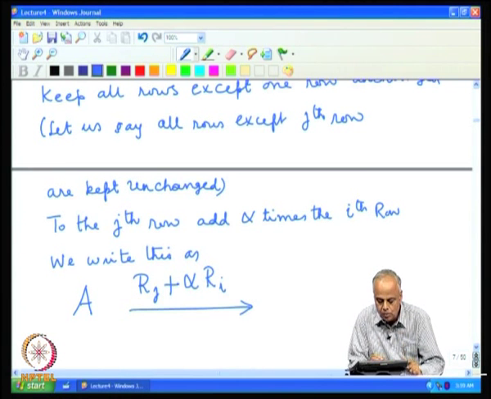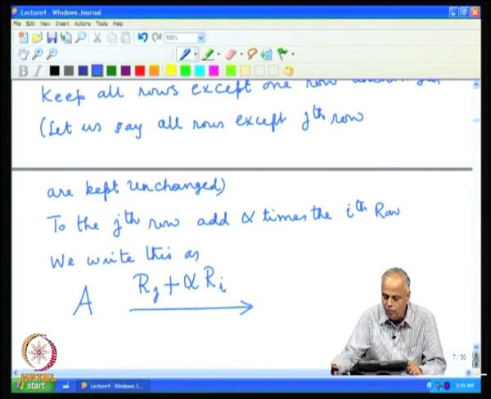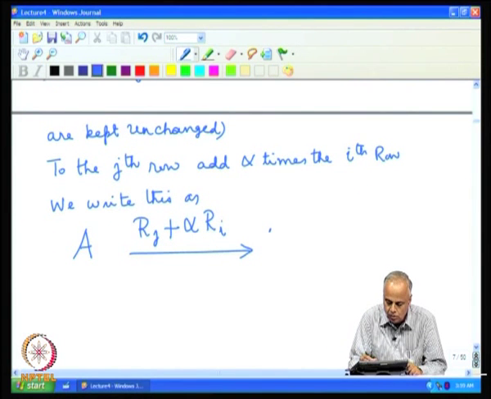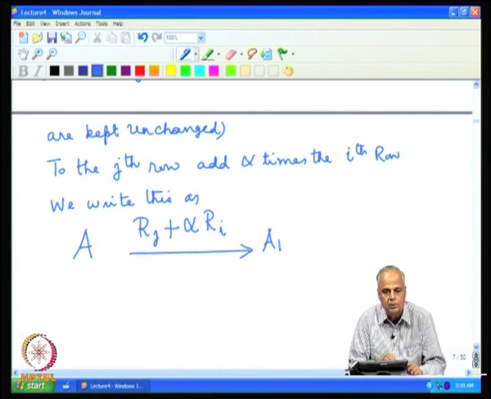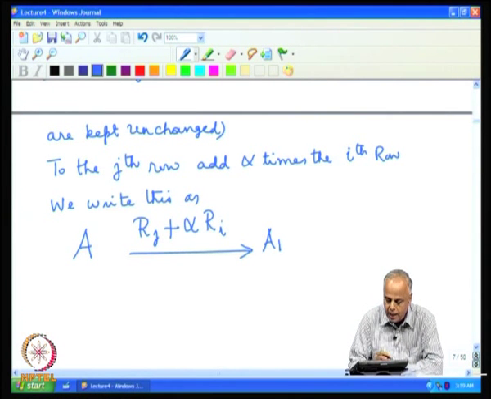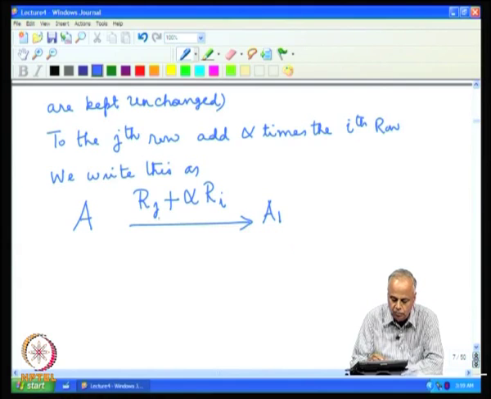The jth row is replaced by the jth row plus alpha times the ith row to get a new matrix. This is the elementary row operation of type 2, and the notation we use is R j plus alpha R i. Let us look at an example.